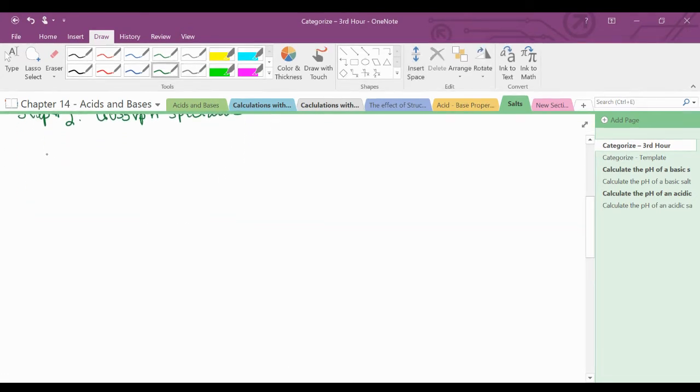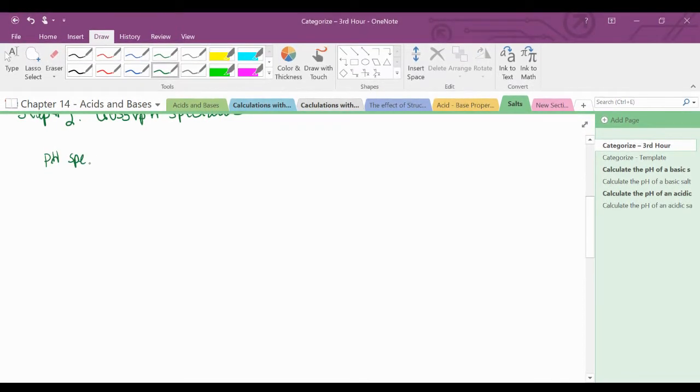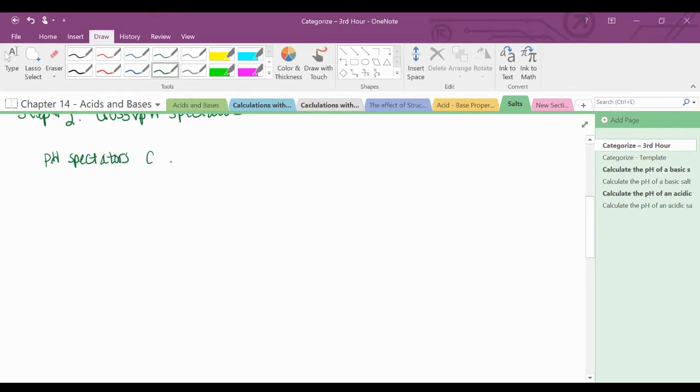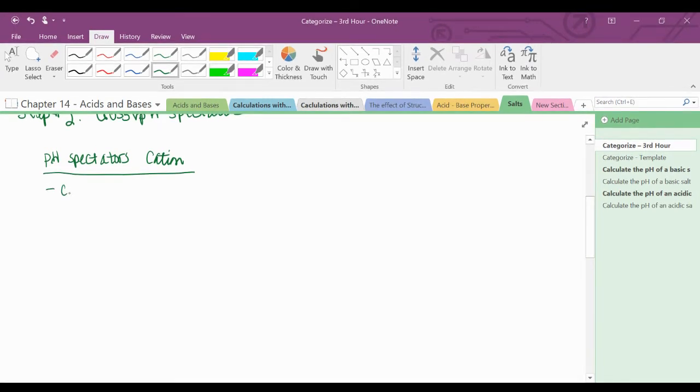We're going to talk about what pH spectators are if they're a cation. Now, in order to be a pH spectator that's a cation, you have to be a cation from a strong base.